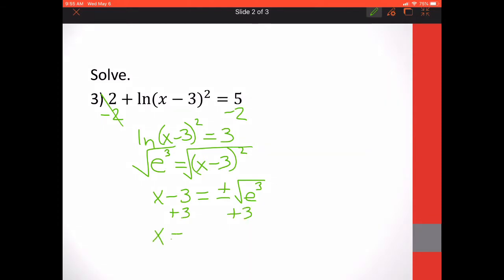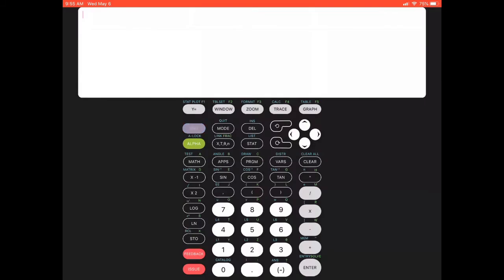So x is going to equal 2 separate answers: positive square root of e to the third plus 3, and negative square root of e to the third plus 3. So positive square root of e to the third, then I'm going to hit enter and then plus 3.